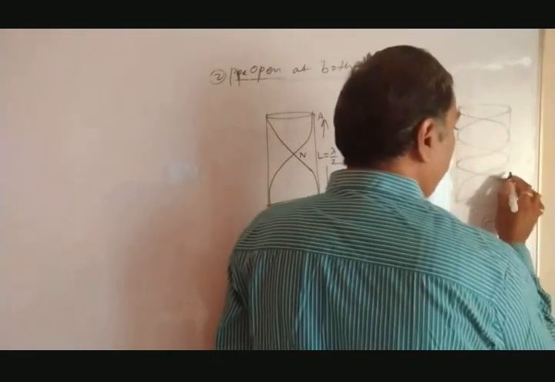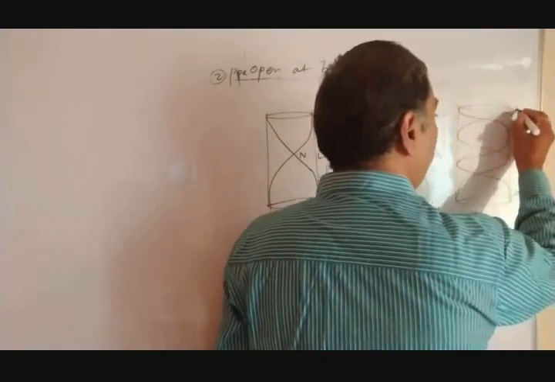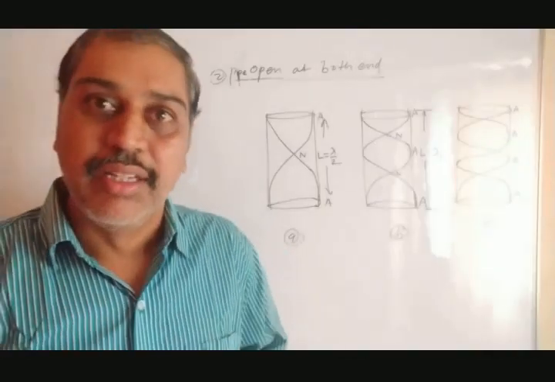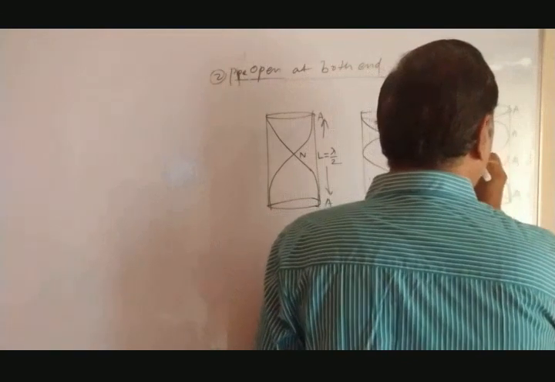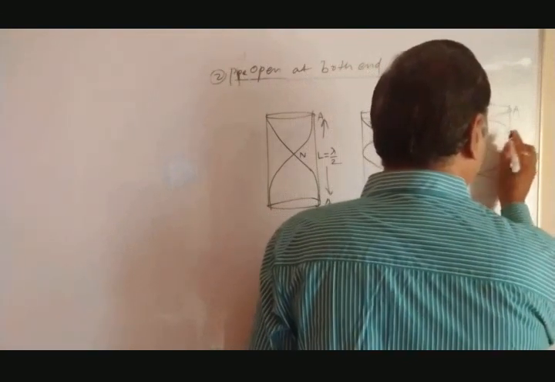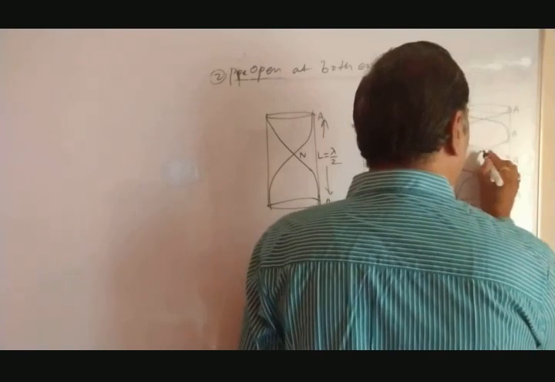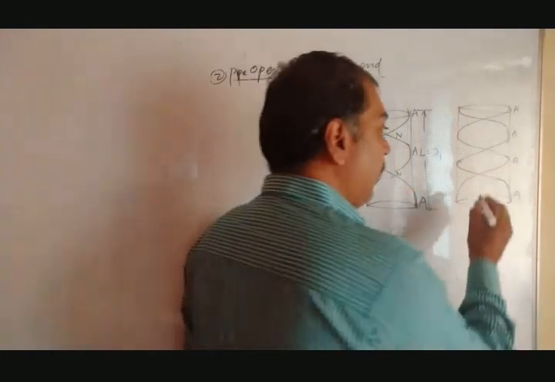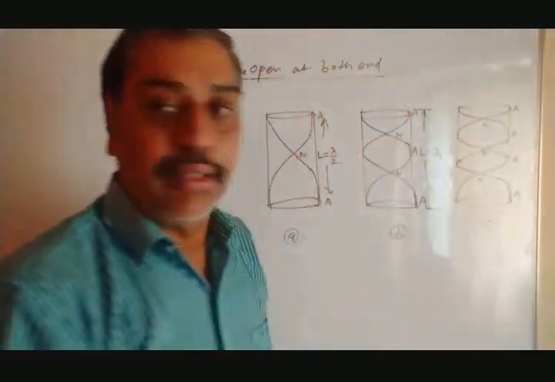So this is the first antinode, second antinode, third antinode, fourth antinode. Try to draw this diagram. You must practice yourself so that you get a better diagram here. I have not drawn the better one, but you can try for a better one. So it has 4 antinodes and 3 nodes, 1, 2, 3. That is the third diagram.